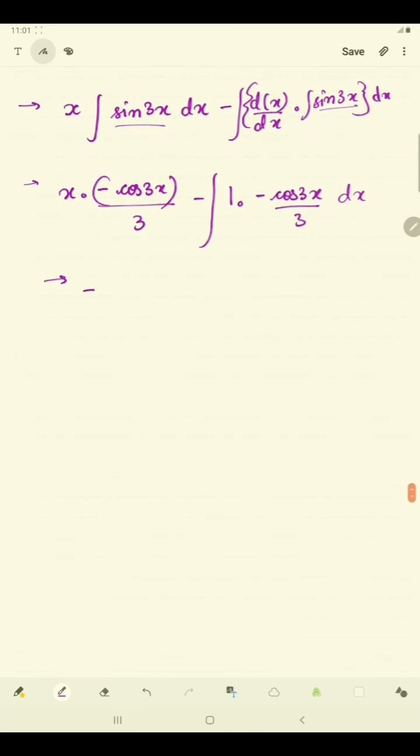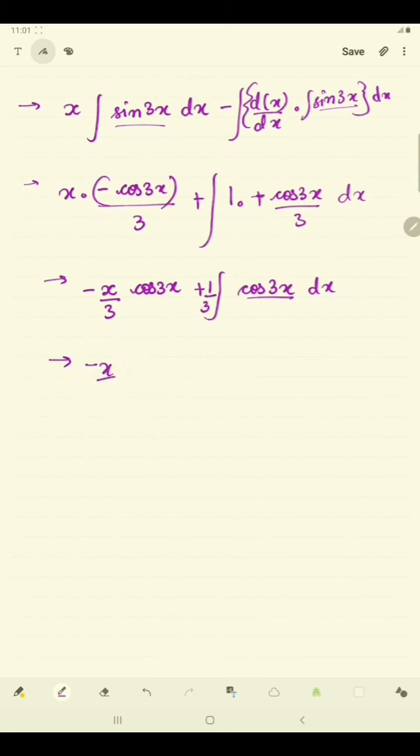Now we have minus x by 3 cos 3x, and the minus signs cancel, so plus the integration of cos 3x by 3 dx. Since 3 is a constant here, we can take it common and write it as 1 by 3.